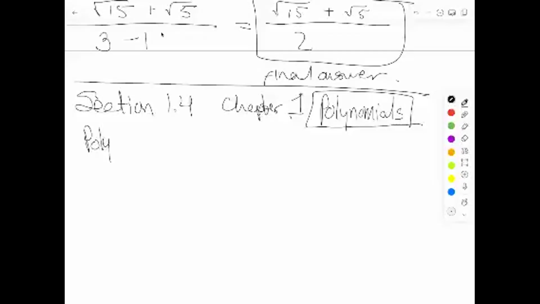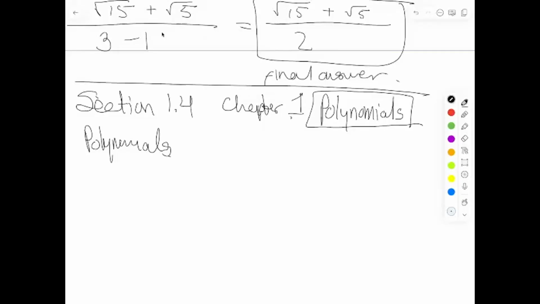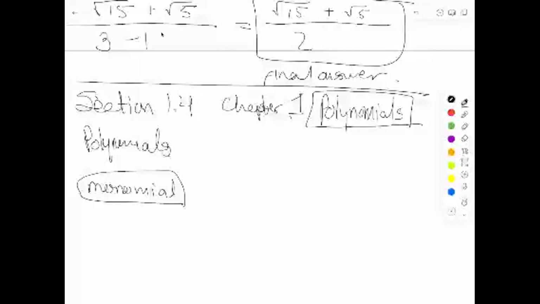All right, so let's talk about polynomials. Before we get into poly, we need to understand what a monomial is. A monomial is going to have a variable.